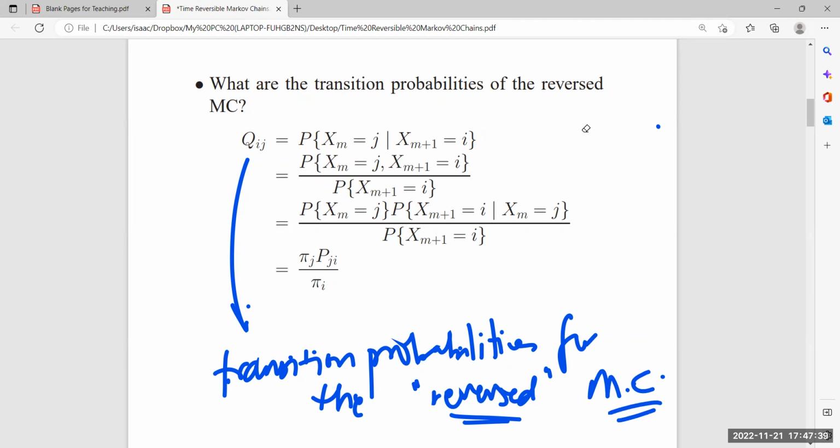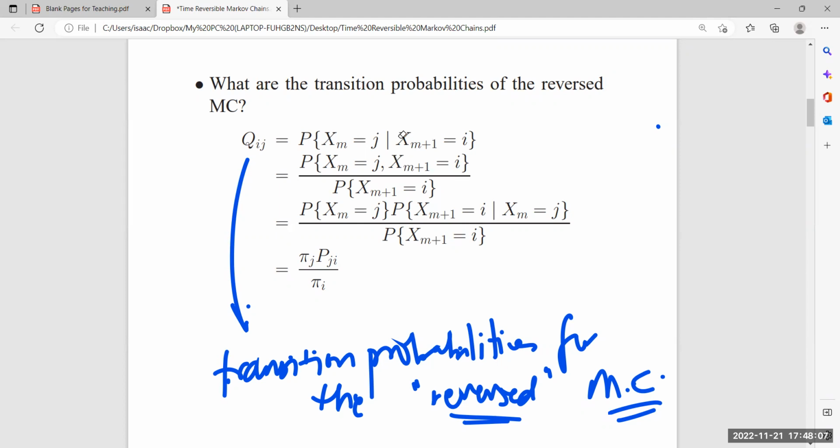That means that it's going the other way, right? So this Q_ij is the probability of moving from state i to state j. You're moving from state m plus 1 to state m, right?